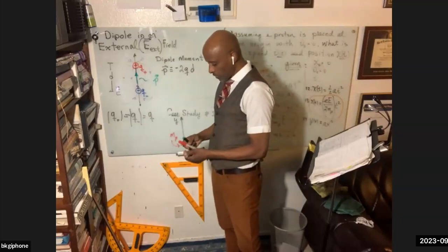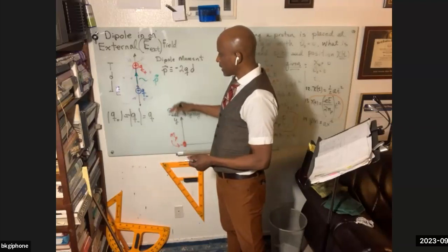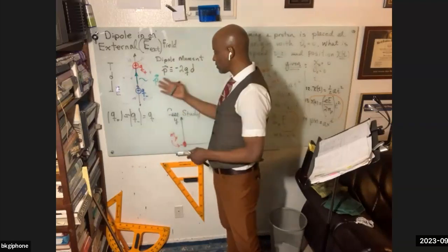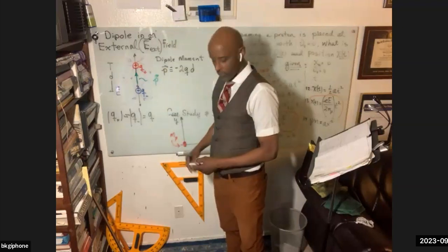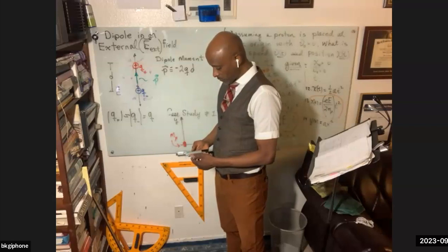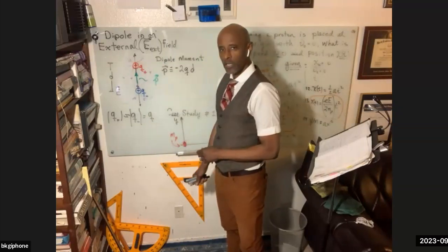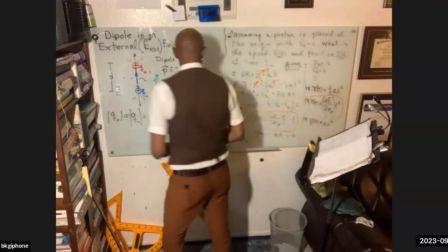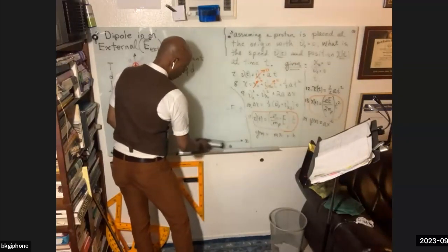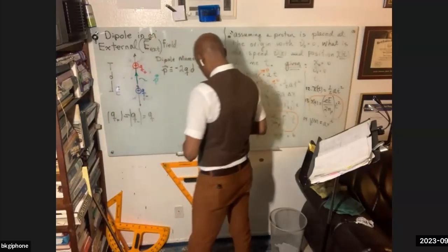Now, what's useful about defining the dipole moment is that if we have evaluated the system such that we understand the orientation in the field and the magnitude of the dipole moment, we can effectively forget about everything else. In other words, I can redraw this picture like so.